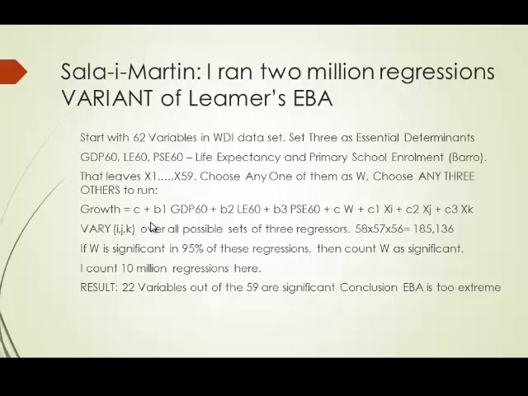So he said that, okay, let's start with these 62 variables. These are our 62 variables on which I have data. I'm going to put in all of them as determinants of growth. So I want to follow Leamer's method. So I choose 3 as essential determinants, and he chooses GDP in 60.